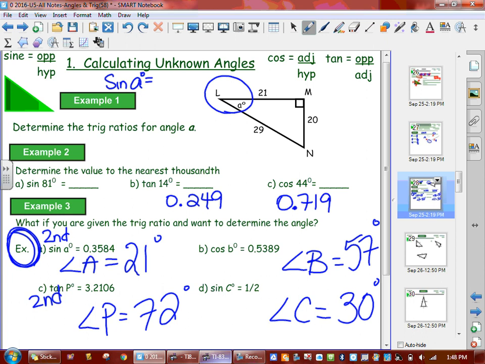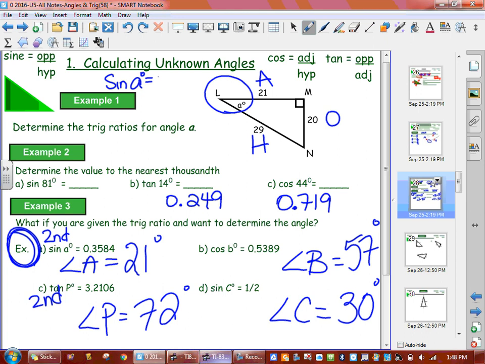So, who's my opposite to angle A? What number's my opposite? 20, good. Who would my adjacent side be? 21, he's between the angle and the 90. And who would 29 be? Hypotenuse, good. So sine is O and H. We would have 20 over 29.